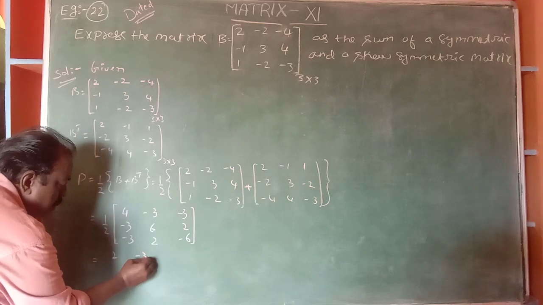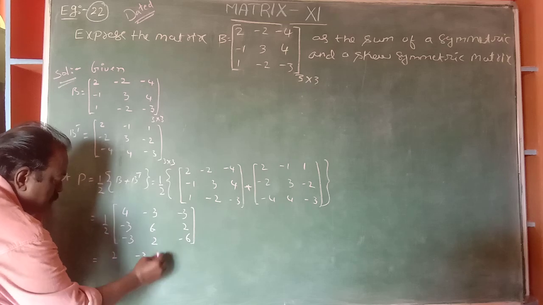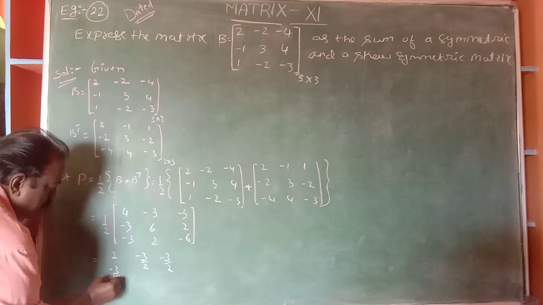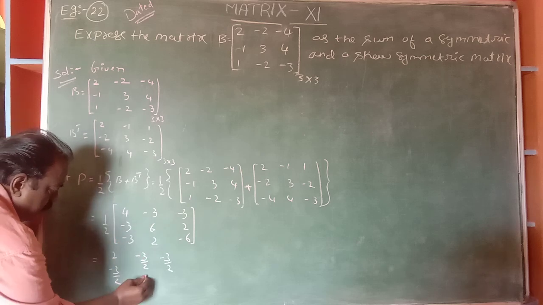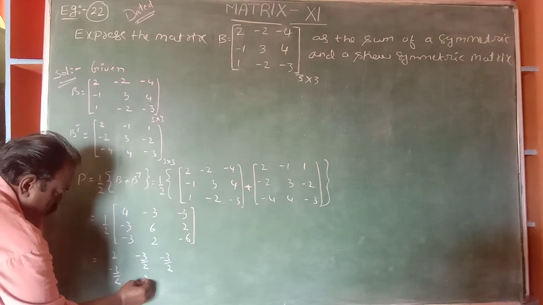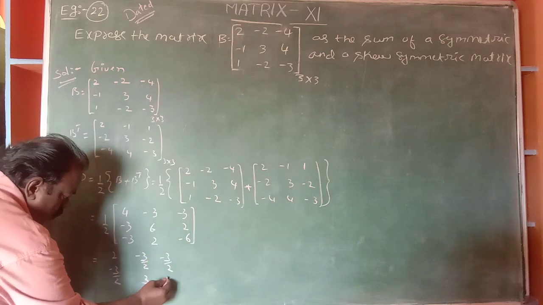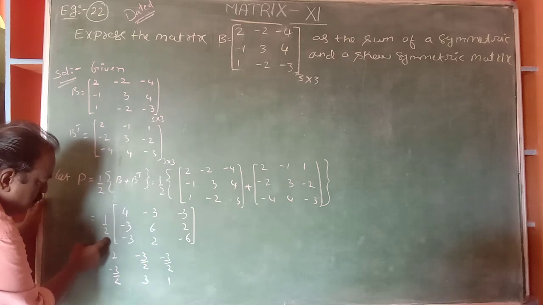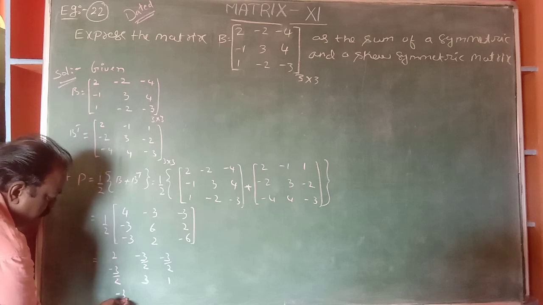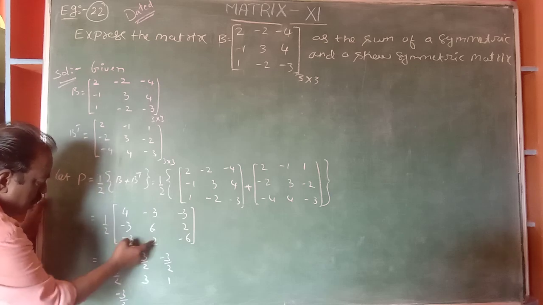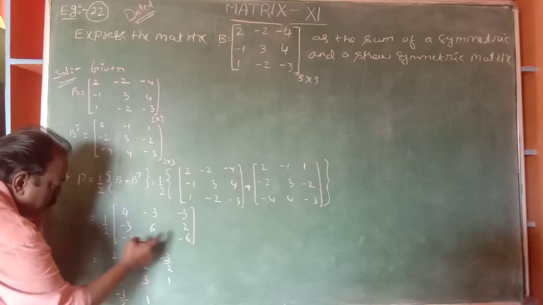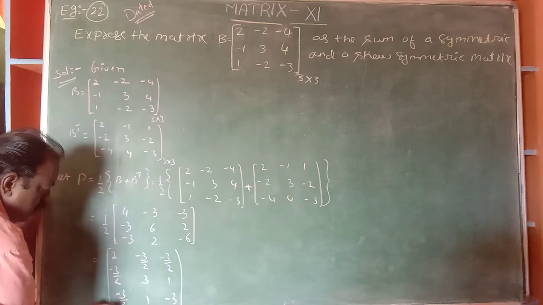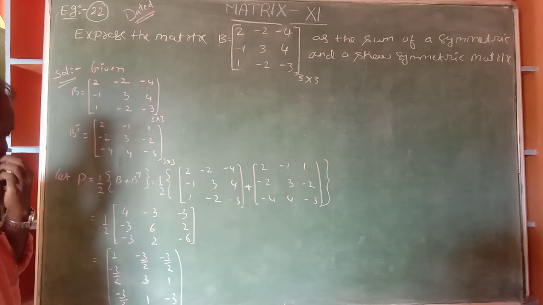This is minus 3 by 2. It is also minus 3 by 2. It is minus 3 by 2. It is 6 into 1 by 2 is 3. 1 by 2 into 2 is 1. And here it is minus 3 by 2. Again it is 1. Again it is minus 3. You have to follow it.